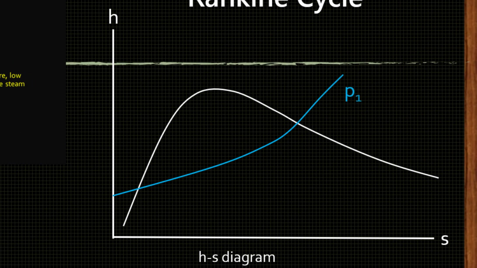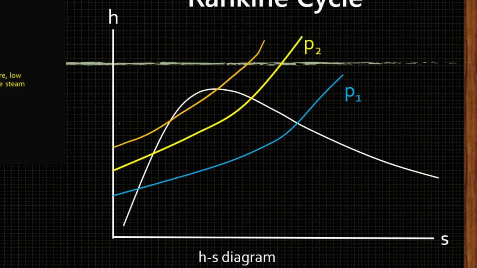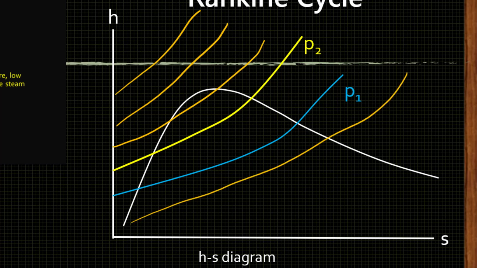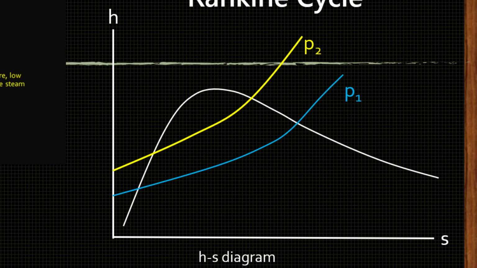We consider, say, the low condenser pressure P1 and the boiler pressure P2. There are actually many constant pressure lines like these, but we'll only consider these 2 lines because we are concerned with the high or boiler pressure P2 and the condenser pressure P1.